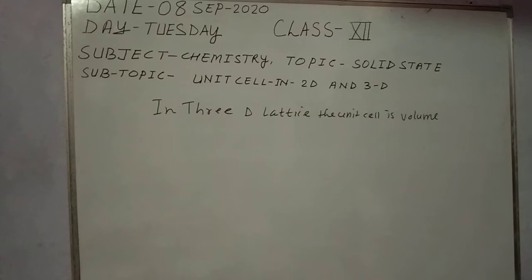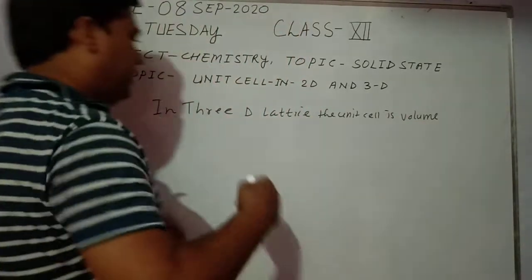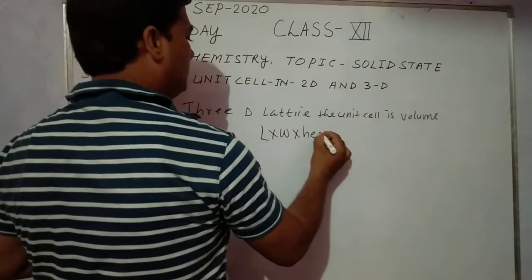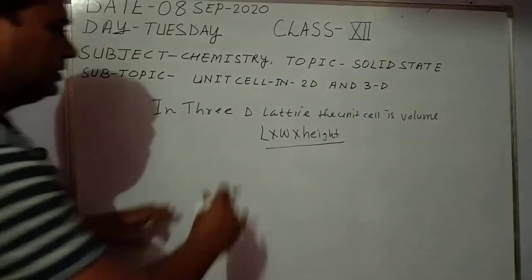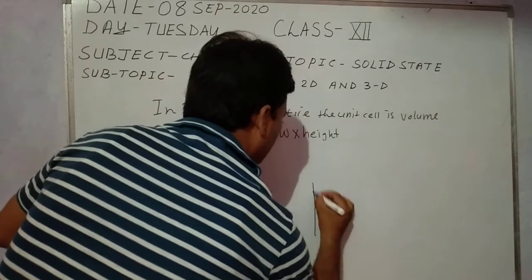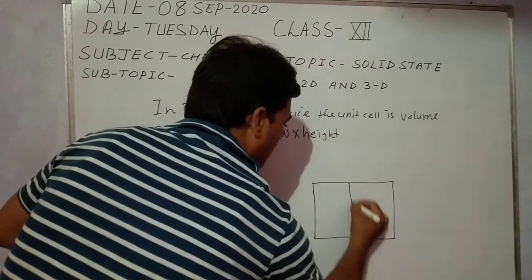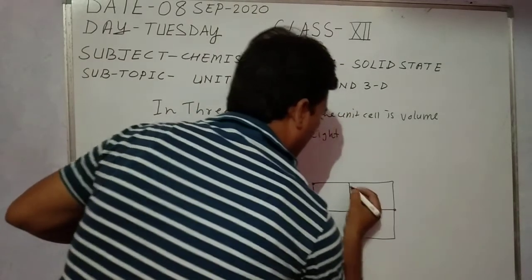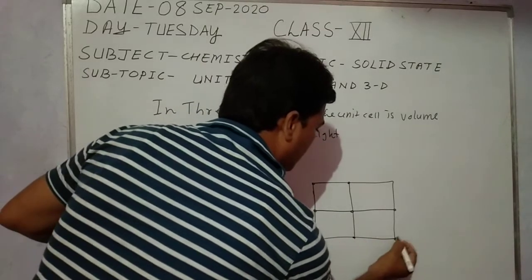In three-dimensional lattice the unit cell is volume. It means it contains length, width and height. How can we represent three-dimensional lattice? We can easily represent three-dimensional lattice in this way.